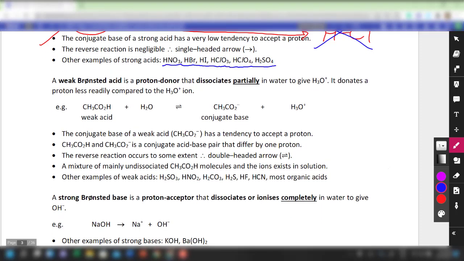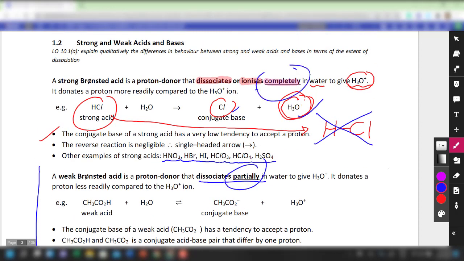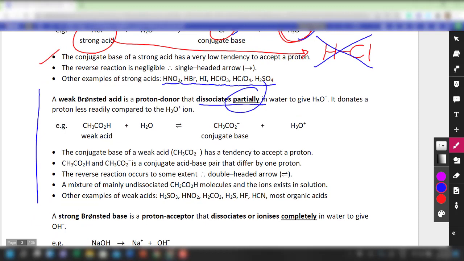In contrast, a weak Bronsted acid will ionize partially, or you can say dissociates partially. The terms partially and completely are important for us to recognize that you understand the difference between a strong and a weak acid. Of course, the question is how partially is partially, how completely is completely.